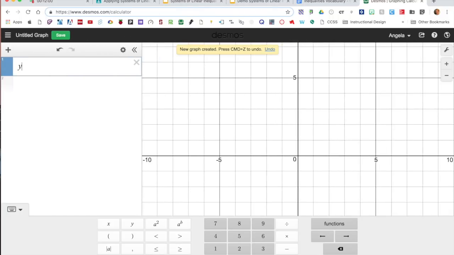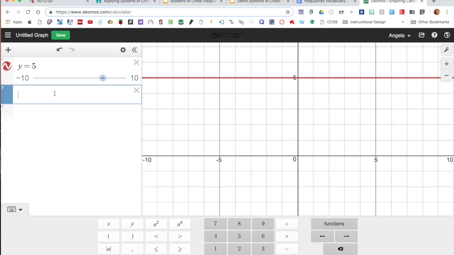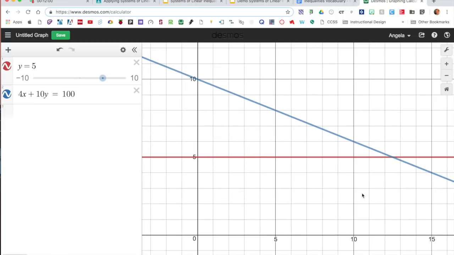If I said y is equal to 5, and 4x plus 10y is equal to 100, we have two lines and they're going to cross in one place. And we have that point of intersection, right? That would be the ordered pair that we would end up with.